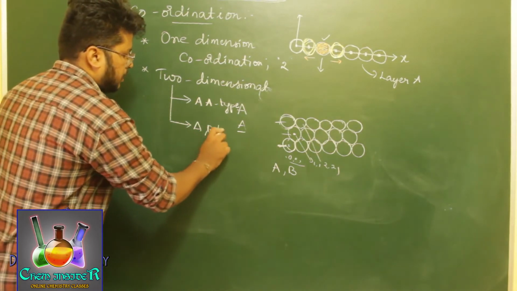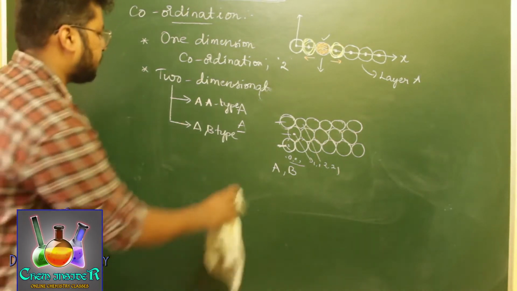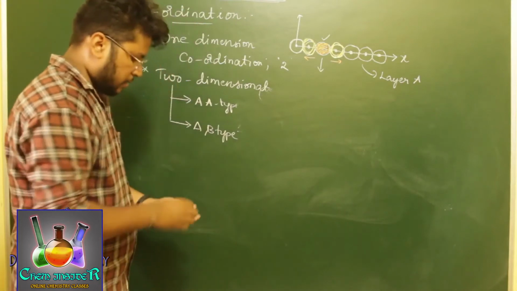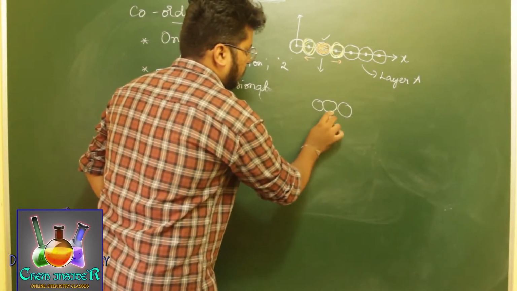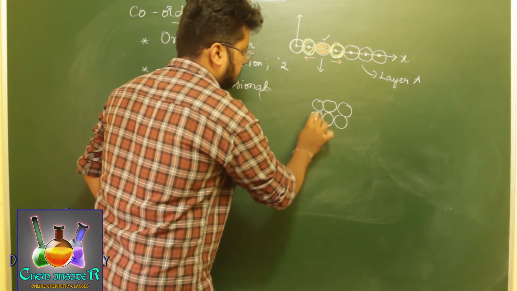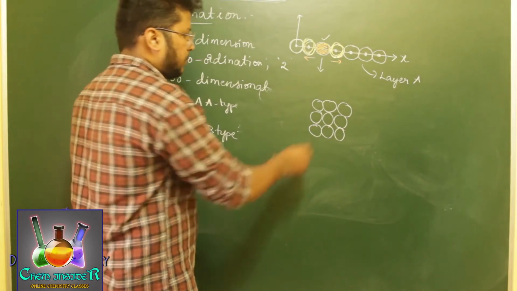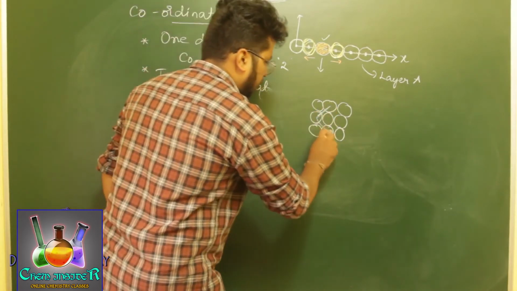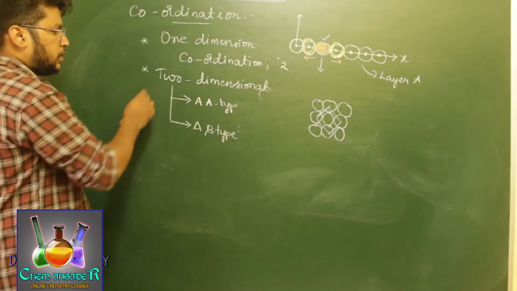So we have observed that in AA type of arrangement each atom will be surrounded by 4 atoms, right? Each atom will be surrounded by 4 atoms. So those 4 atoms are nothing but the coordination number of one atom in an AA type of 2-dimensional arrangement.